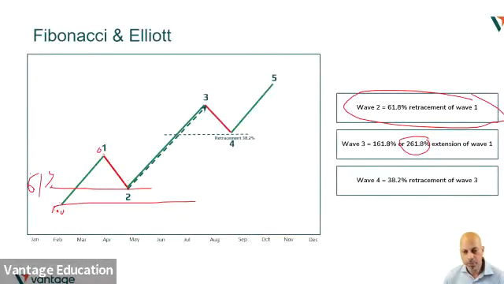If you still believe that this instrument is going to rise higher, then at the 61.8% Fibonacci retracement, this is typically where you can identify a potential buy entry or a support level for the price.